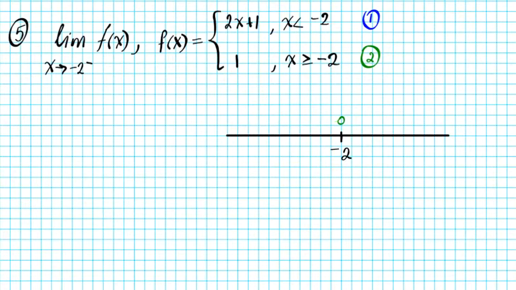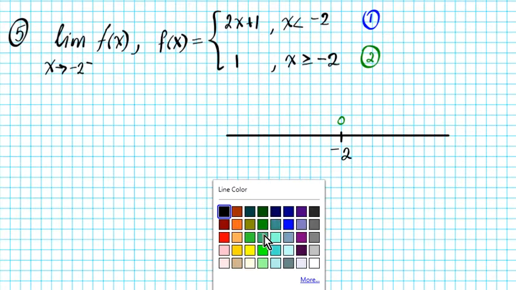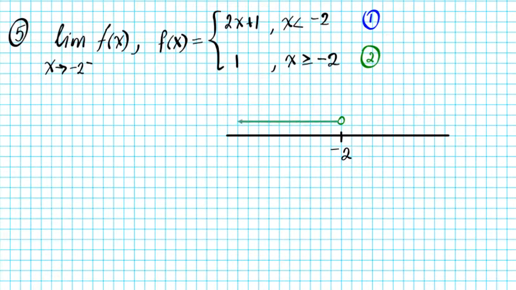Let me use an arrow for that. So all this right here, for less than, that's region 1. Okay, x is less than negative 2.